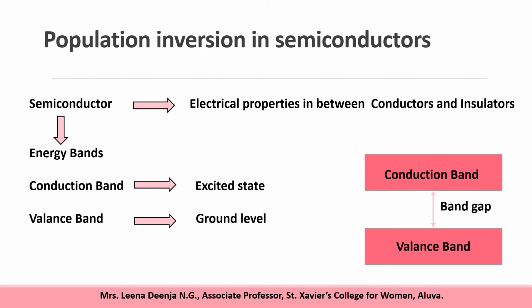Population inversion requires the presence of a large concentration of electrons in the conduction band and a large concentration of vacancies or holes in the valence band. A simple way to achieve population inversion is to use a semiconductor in the form of a PN junction diode formed by heavily doped P and N type semiconductors.